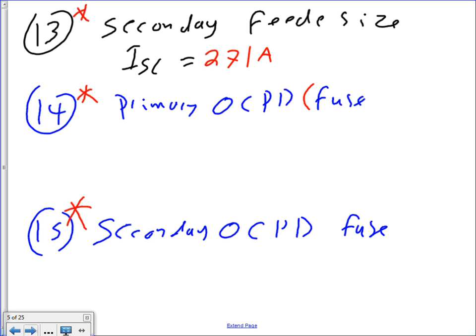Then, what do I need to do? Now, here's where an assumption has to be made. Are we going to assume it's a continuous load? That's an assumption. Where did you get 271? 271 is from the I secondary line, because we are on the secondary side, on the line side.